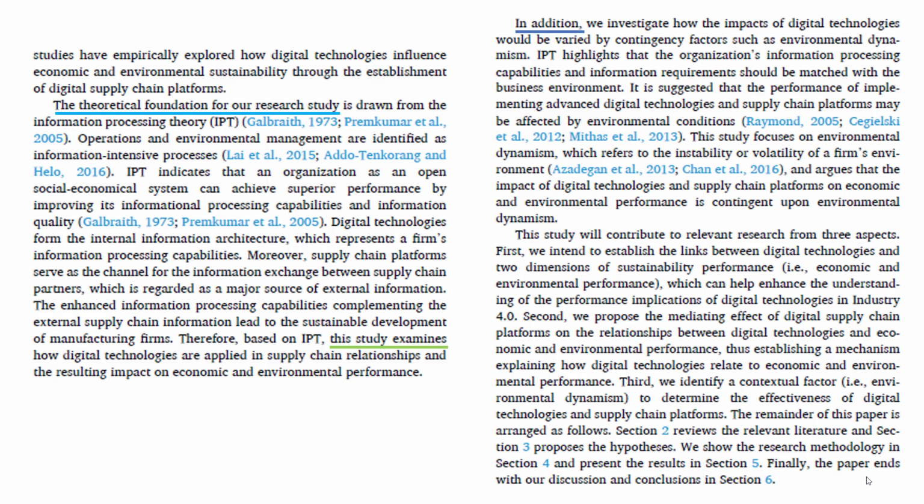Now, in addition, they're also going to investigate how other contingency factors, other things that can be happening, play a role. What is the information processing capacity of this firm, or how dynamic, how changeable is the economic environment that this firm is in?